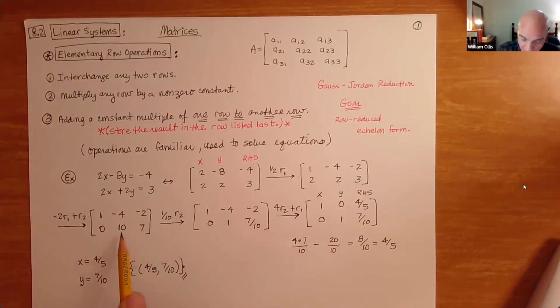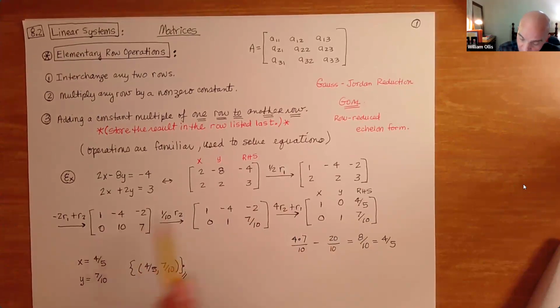So here we want the leading 1. We're going to have to multiply row 2 by 1/10. That will create the 1 here. So we have 1/10 row 2. So 10 over 10 will give us 1, and 7 times 1/10 is 7/10.